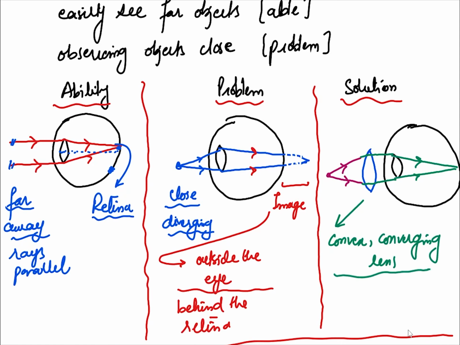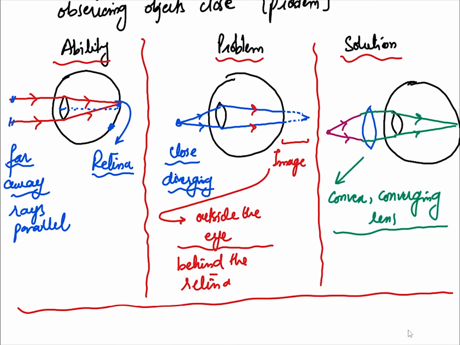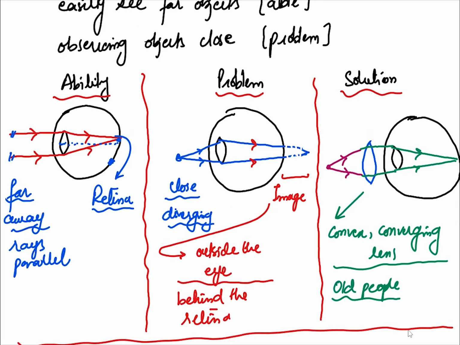A converging lens, and you will find this problem or long-sighted problem generally in old people. Maybe your grandparents, they may require glasses to read the newspaper because they can identify you coming across the hallway, because from you the light rays are coming parallel to each other. You are a distant object at that point.